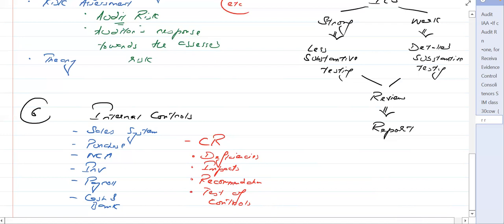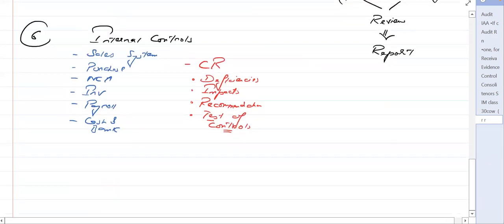Test of controls means how the auditor tests their controls, what those tests are, and how those audit procedures are performed. So again, a case study question, then again the objective test case questions as well sometimes, but obviously we see questions coming from this topic in terms of objective test questions very, very few times.